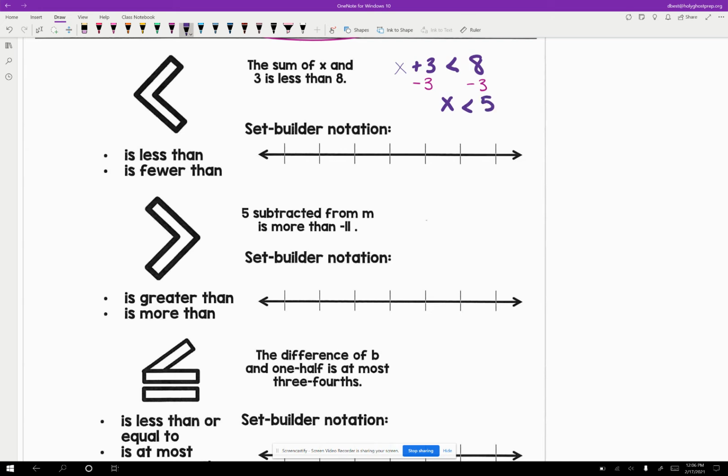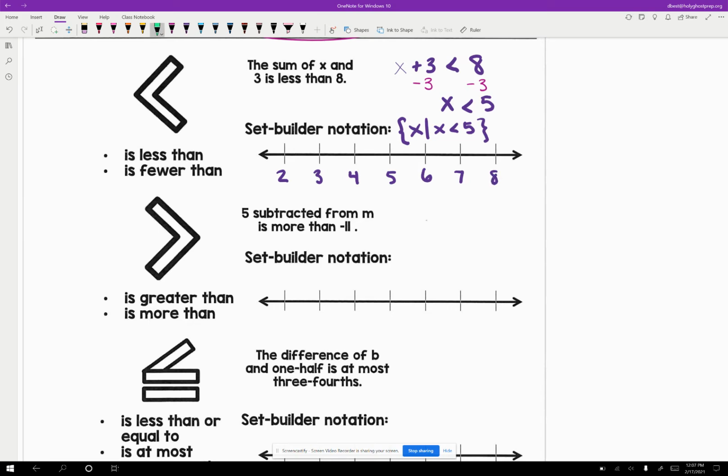And what that looks like in what we call set builder notation is I'm going to do a little squiggly bracket, and I say x, and then I do a straight line, which means such that, and I say x is less than 5, and then another squiggly bracket. On my number line, I put some numbers on there for you. The important number to see is 5, since that's where we're going to be marking.